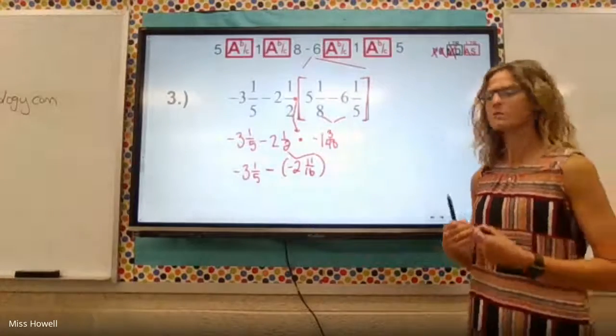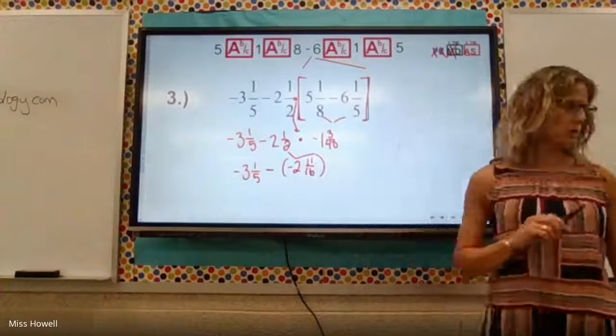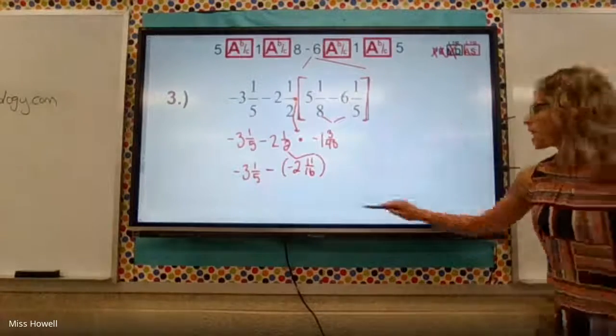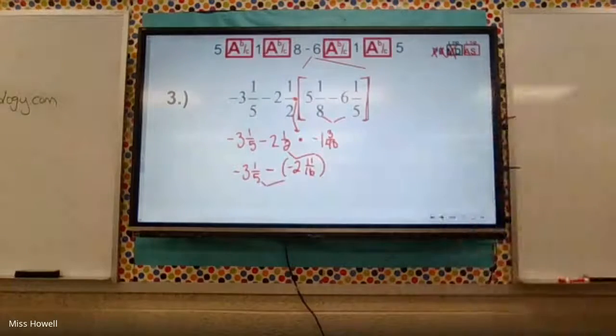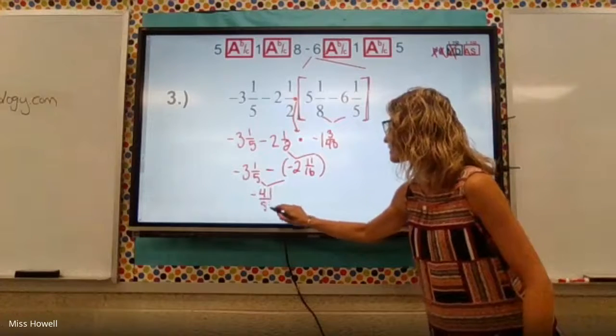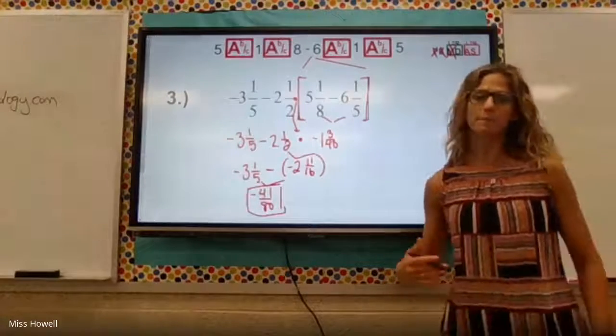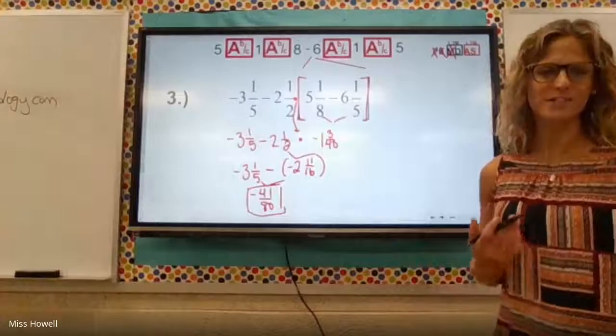You'll get the same exact result as if you type it in like this as a subtraction with a -2 and 11/16. All right, so we're going to do our subtract, -3 and 1/5 minus a -2 and 11/16, and we end up with a -41/80. Not pretty, but really not any more complex than the other examples that we did.